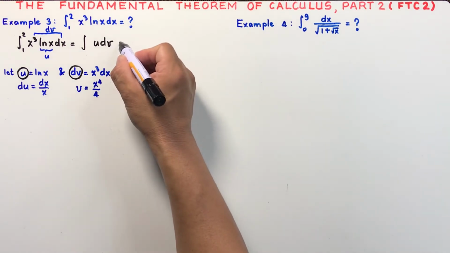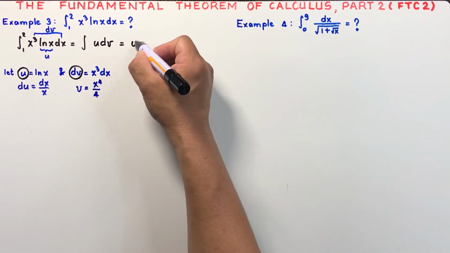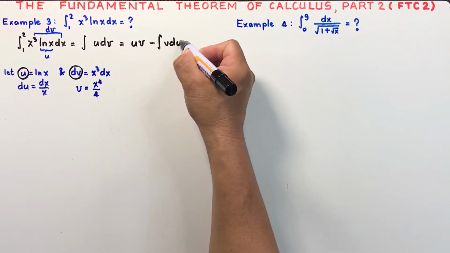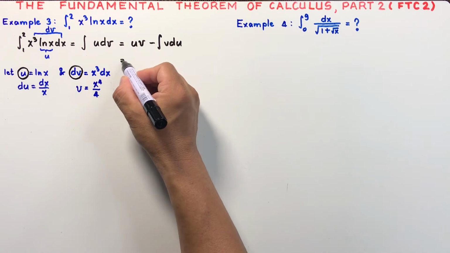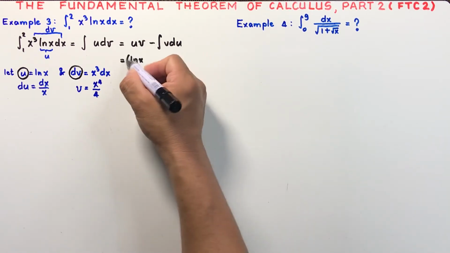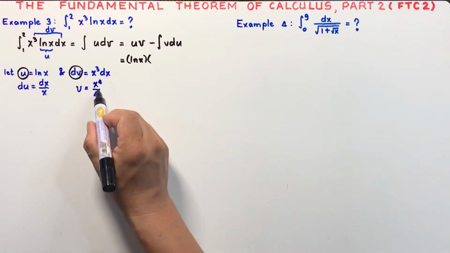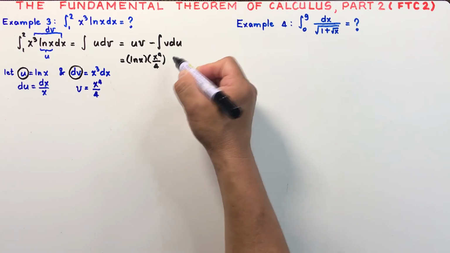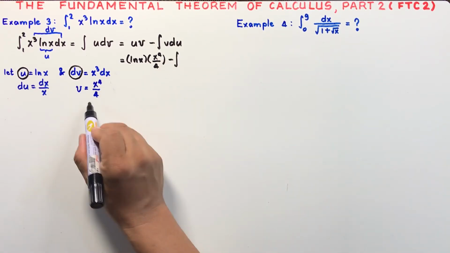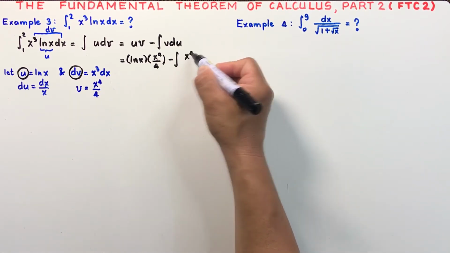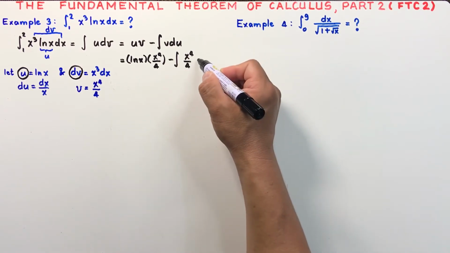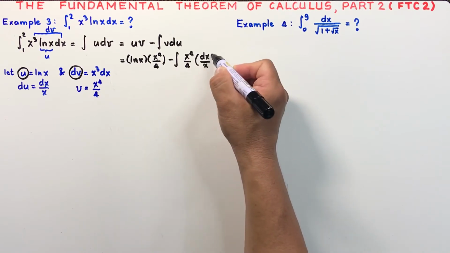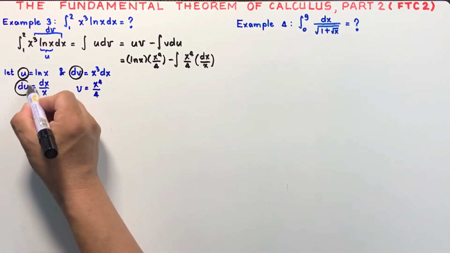And by the formula of the integration by parts, this is equal to uv minus the integral of v du. And we know that our u is ln x and our v is x to the power 4 over 4, minus the integral of our v, which is again x to the power 4 over 4, du, which is dx over x, which is this one here.